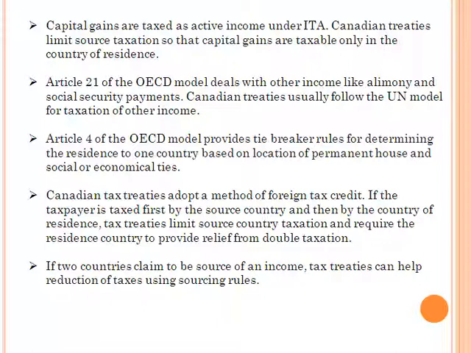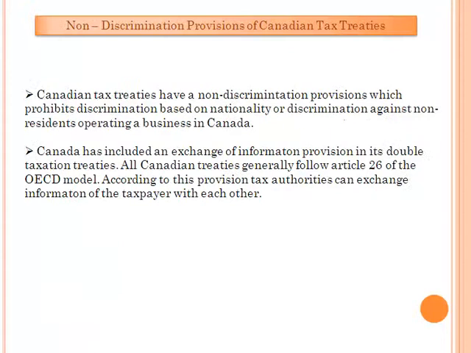Canadian tax treaties adopt a method of foreign tax credit. If the taxpayer is taxed first by the source country and then by the country of residence, tax treaties limit source country taxation and require the residence country to provide relief from double taxation. If two countries claim to be source of an income, tax treaties can help reduction of taxes using sourcing rules.